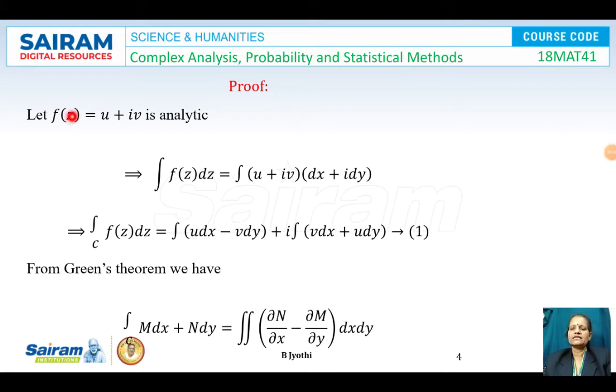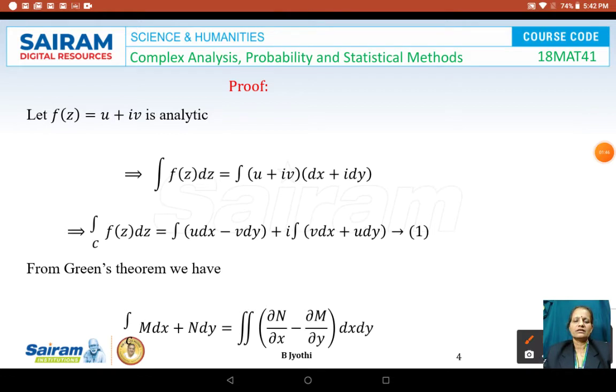Let f of z is equal to u plus iv be analytic. This implies the integral of f of z dz is equal to the integral of u plus iv into dx plus i dy. When I multiply this out, what do I get?